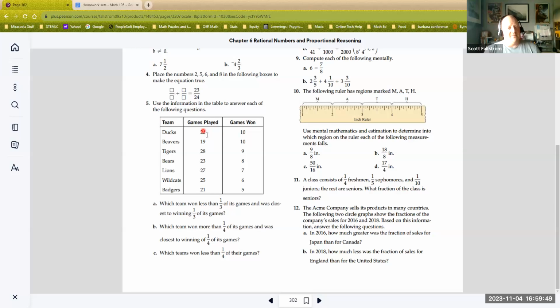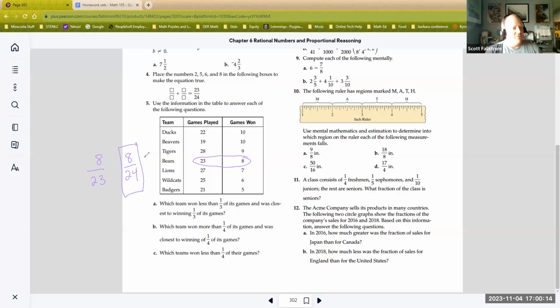Question 5 lists how many games they played and how many games they won. So for example, when you look at these, the goal is that you're able to estimate because we're looking at being able to do estimations quickly. For example, this team that won 8 games out of 23 games, think about it, 8 and 23, that doesn't work perfectly. Wouldn't it be better if it was 8 and 24?